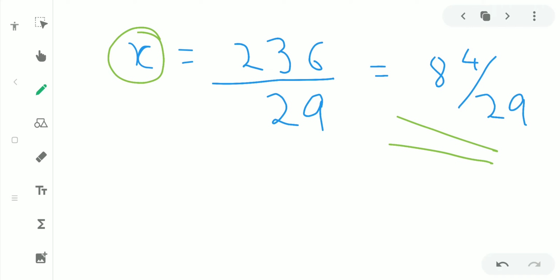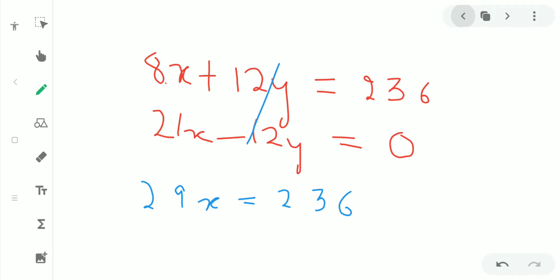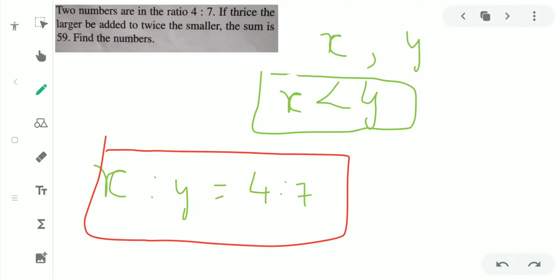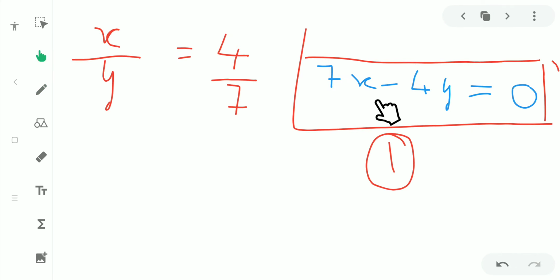So let us find the value of y also. We should substitute this x value in any of the equations. I am substituting in the first equation, that is 7x minus 4y is equal to 0.